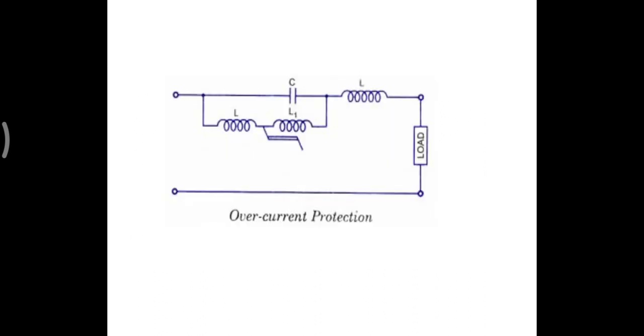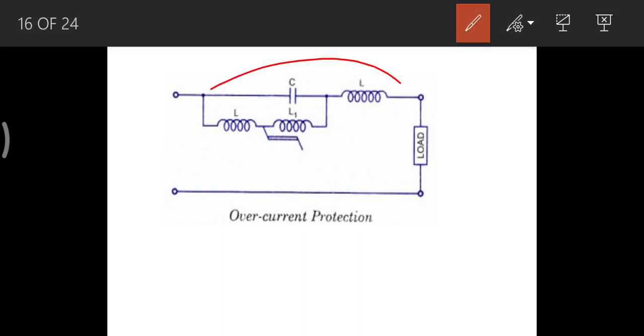So this is the scheme for protection of the SCR from overcurrents. See here we are using inductor and capacitor circuits. This inductor and capacitor circuit is for limiting the fault currents which are generated from the load side.